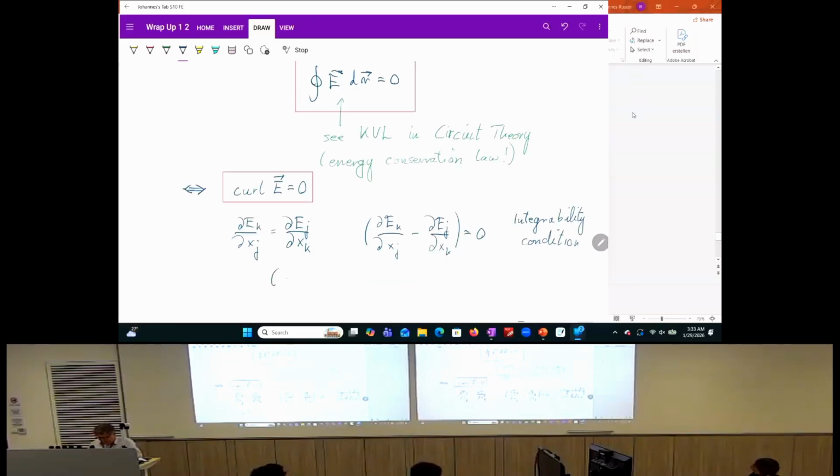But mind, this curl vanishing, which you might also find called rotor, or rot for rotation, is universally valid.